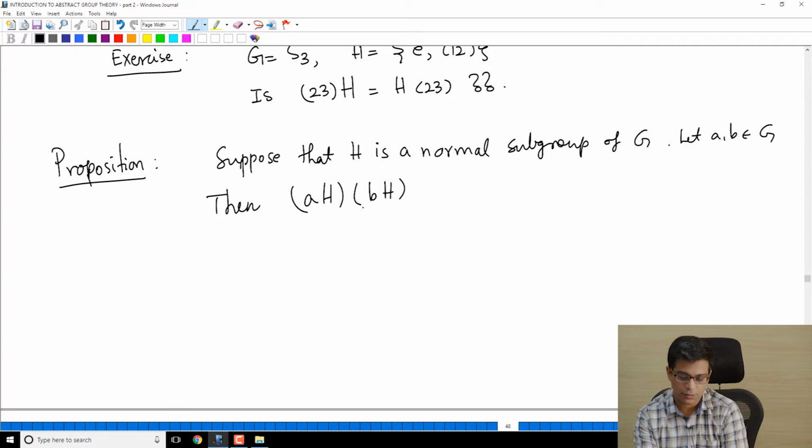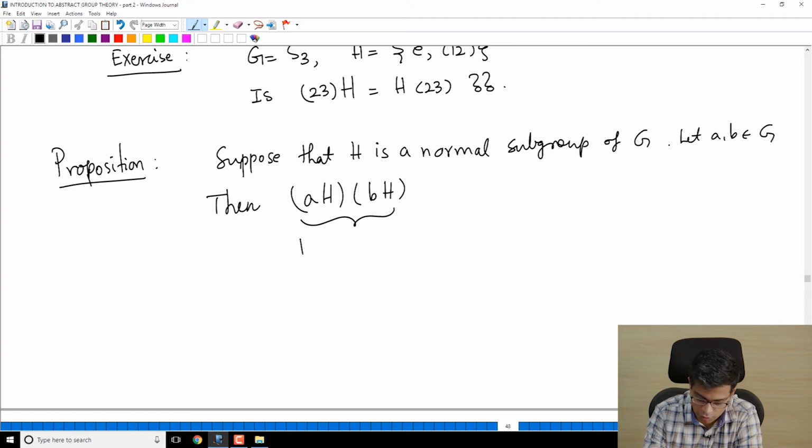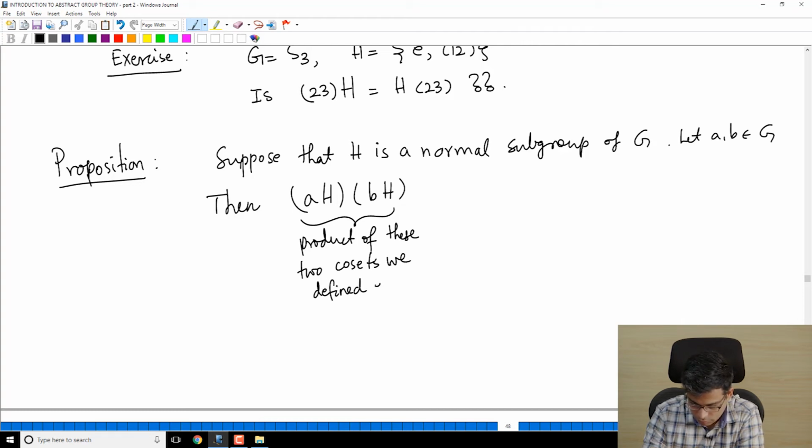AH times BH is by definition the product of two sets that I have defined earlier. So this is the product of these two cosets that we defined earlier. Namely, you take something in AH times something in BH and multiply.